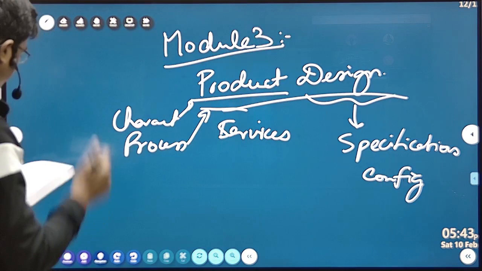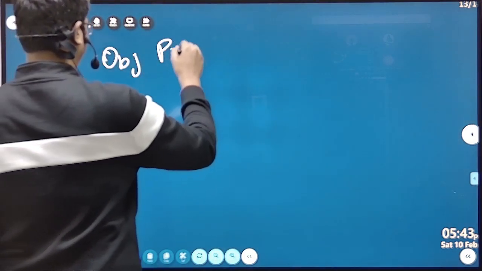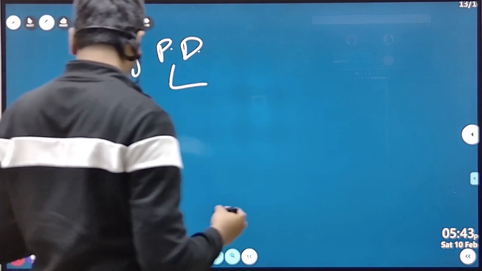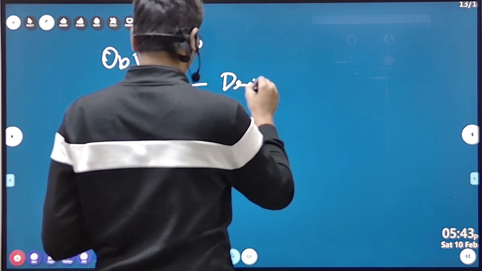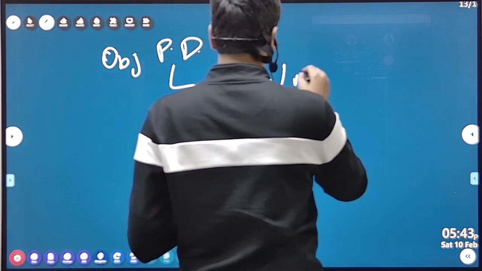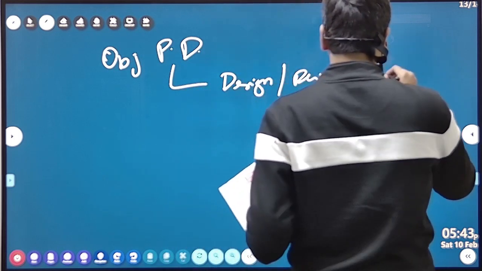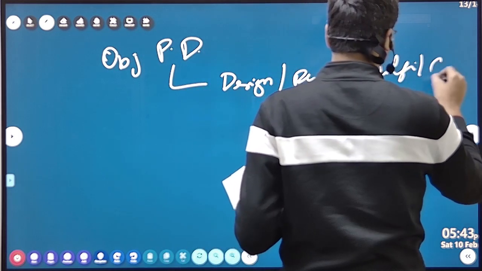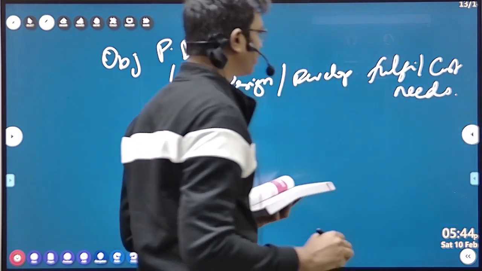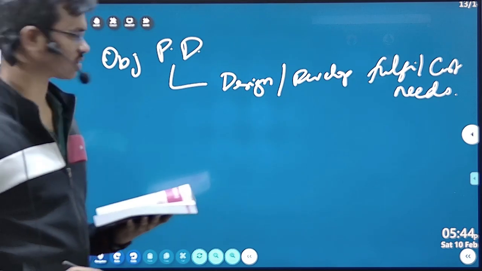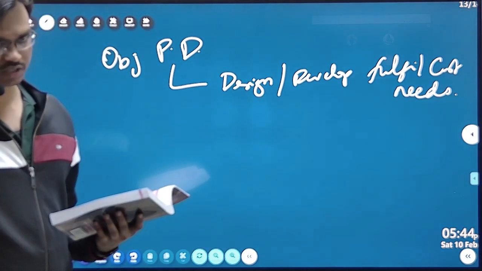So we will see what the objectives of product design are. Basically there are three objectives. One is to design and develop a product which will fulfill the customer needs. If your product doesn't do what the customer needs, what the customer wants, then your product is not designed correctly.